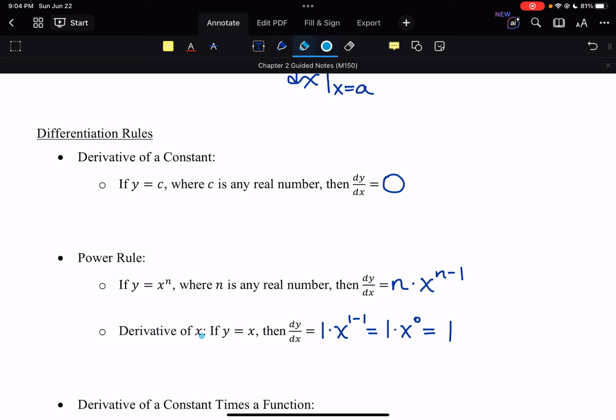So the derivative of x is 1. The derivative of a constant is 0. The derivative of a power function is given here, n times x to the n minus 1.